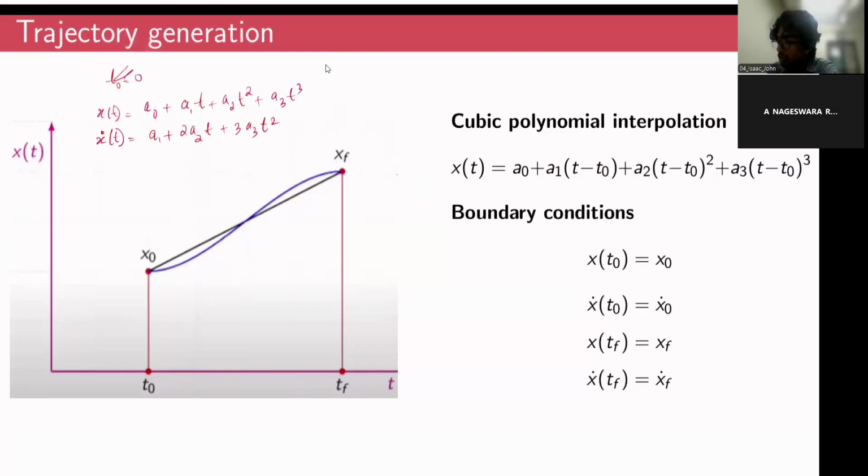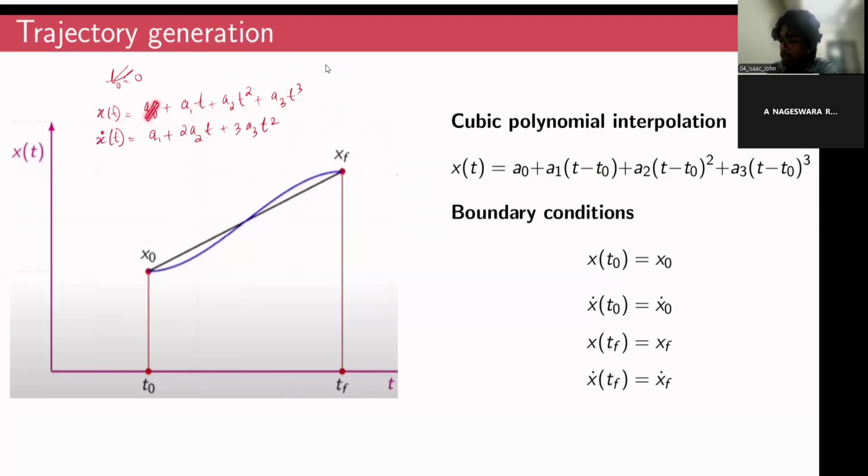And you should also notice that the generic equation has four constants: a0, a1, a2, and a3, which are essentially unknown for the time being. So how do we find out these coefficients a0, a1, a2, and a3?